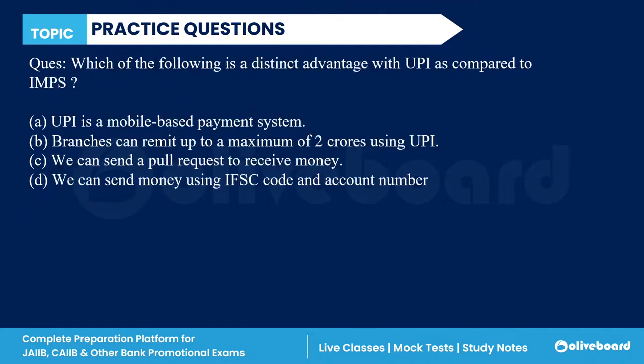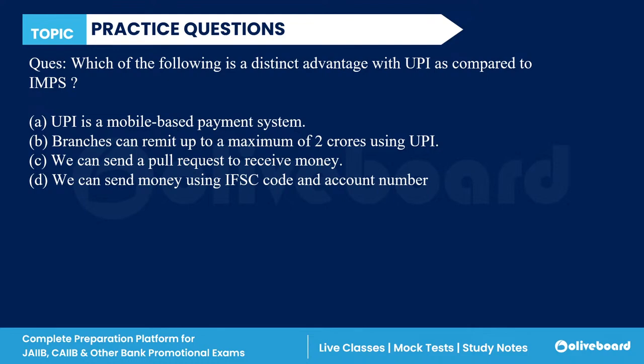Next question. Which of the following is a distinct advantage of UPI as compared to immediate payment services? UPI is a mobile-based payment system. Branches can remit up to a maximum of 2 crore using UPI.